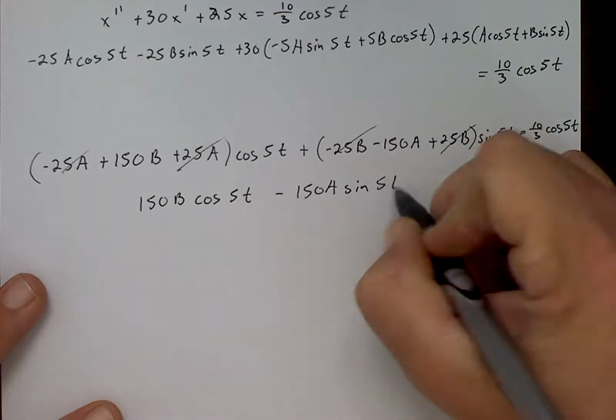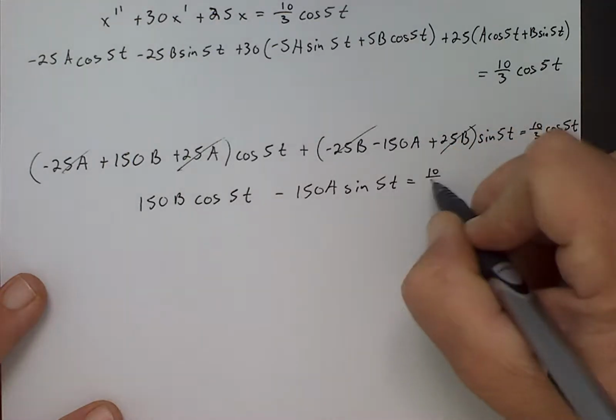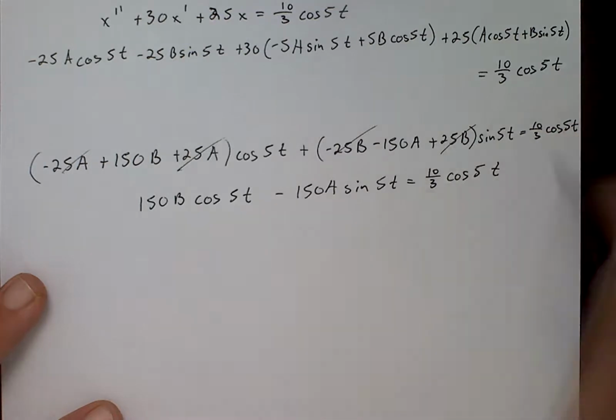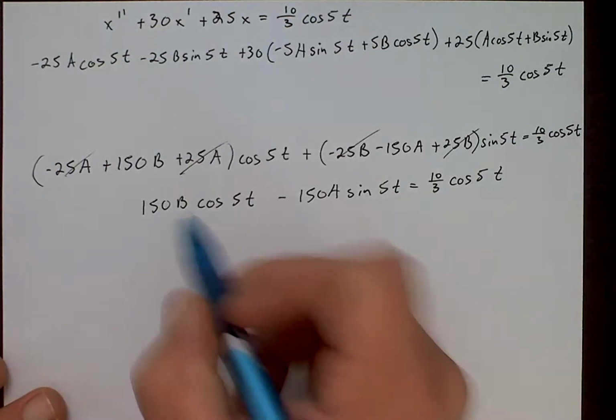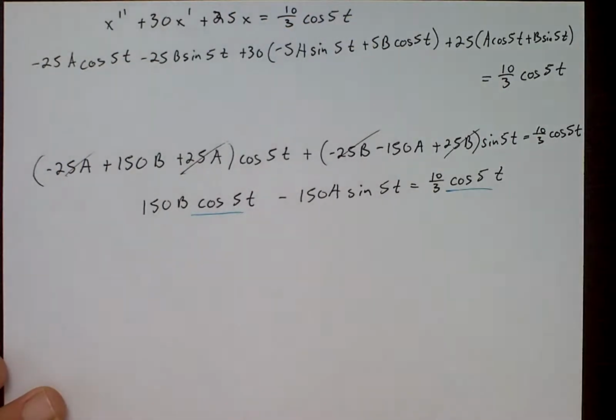And I didn't write this step on my original note, so I kind of went to the next step, which is matching up. So next thing you want to do on eHoodie math is match up. Cosines match up.